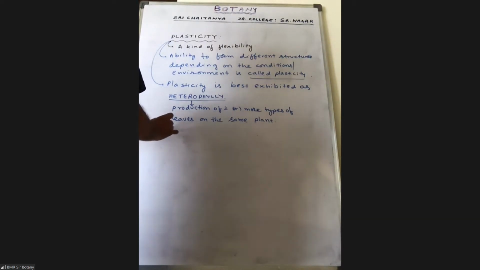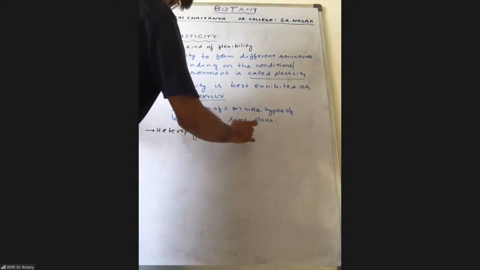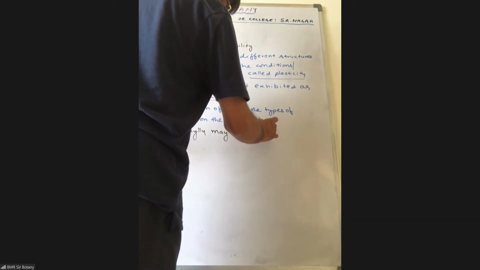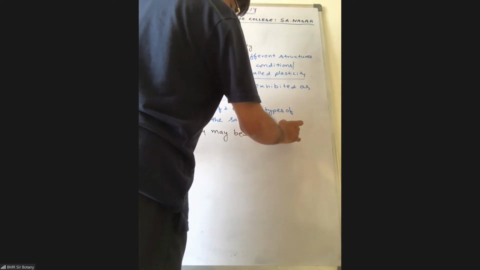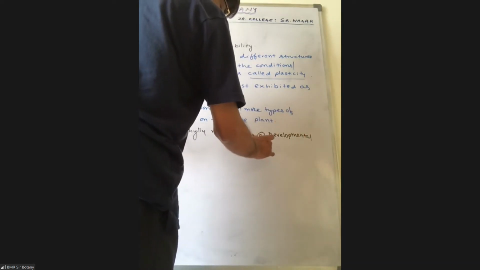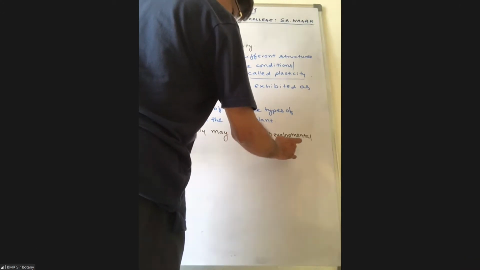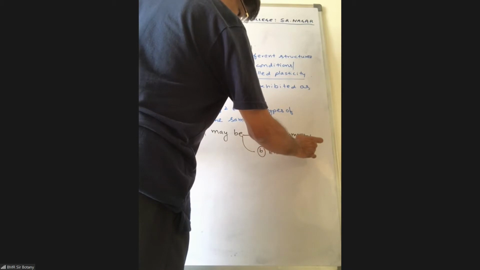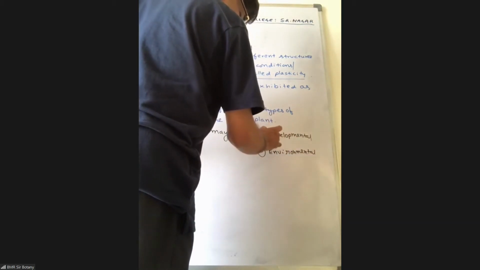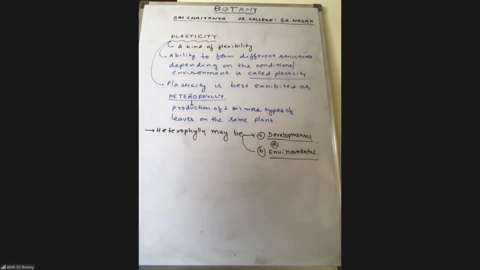So heterophily may be developmental or environmental. Environmental is due to the environment. Developmental is at different stages of development.